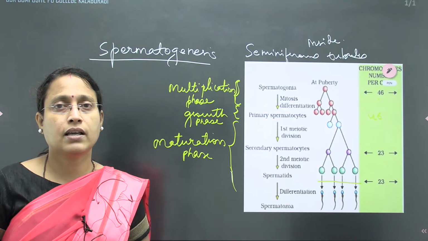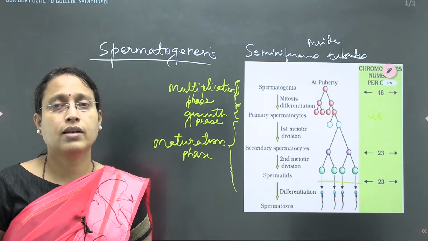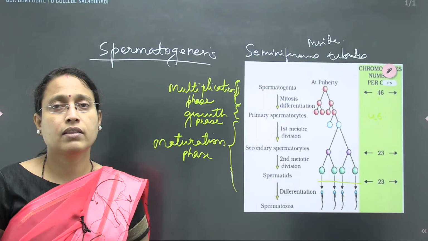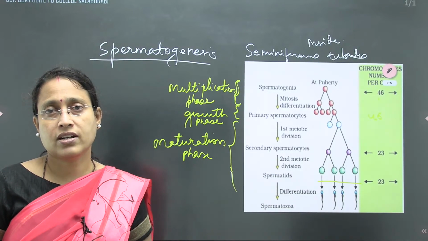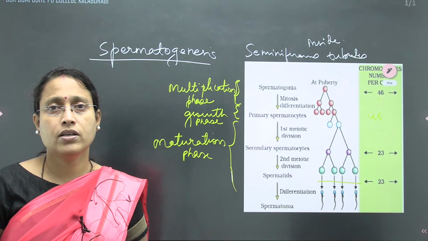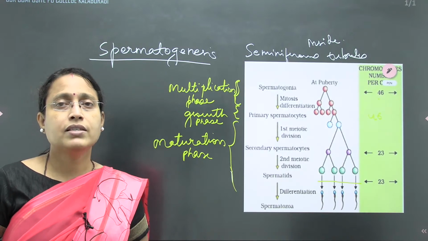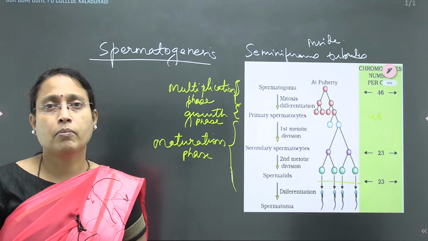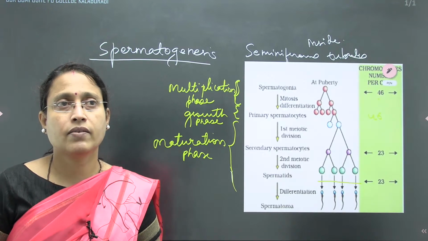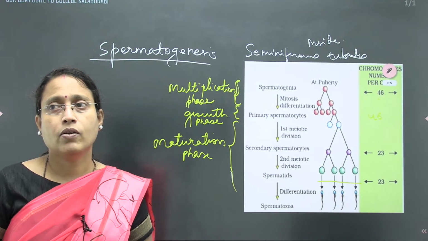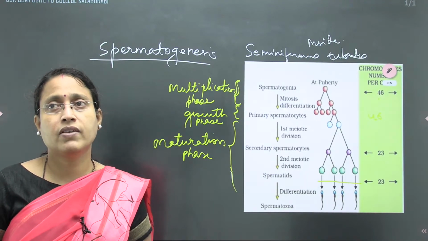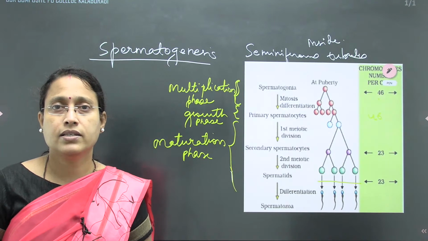And the mitochondria will further divide. Duplication of the organelles occurs. The organelles, like mitochondria, will start surrounding the microtubular structure in the midpiece, in the middle region of the sperm. Whereas the microtubules will organize themselves starting from the centriole and form the tail axial filament, which will run till the tip of the tail.